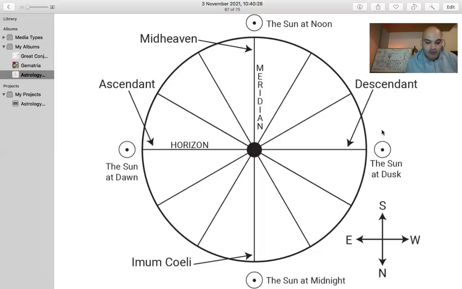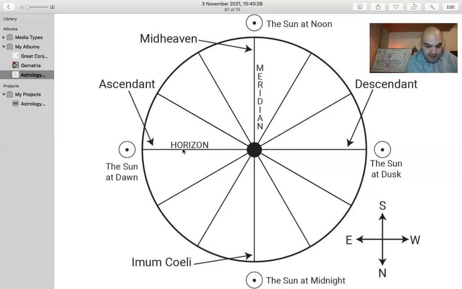So the 4 angles are the framework upon which the house divisions are based. The ascendant is the degree of the ecliptic which is rising over the eastern horizon, which is this section here. The descendant is the exact opposite of the ascendant and is the degree of the ecliptic setting over the western horizon.